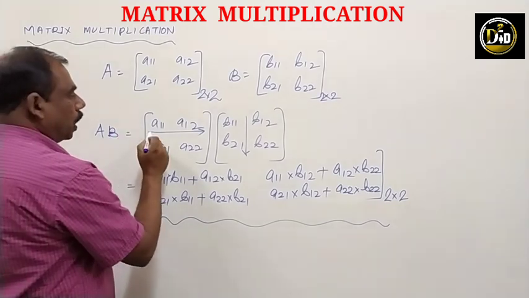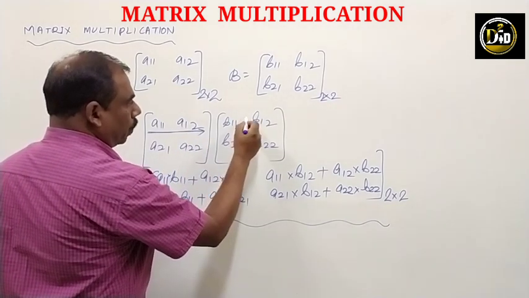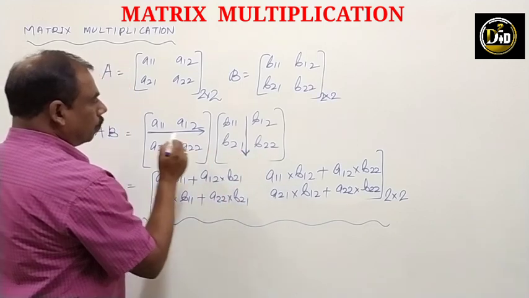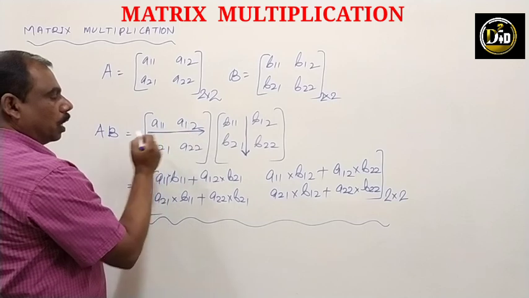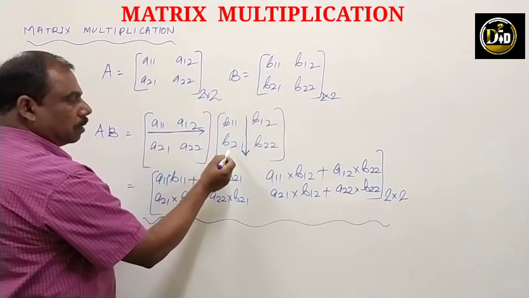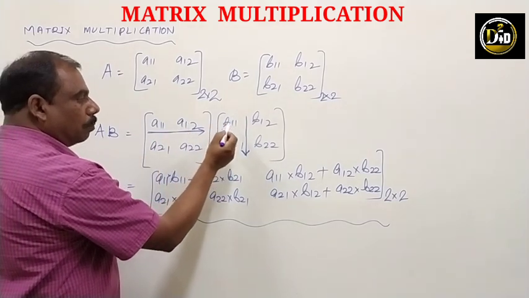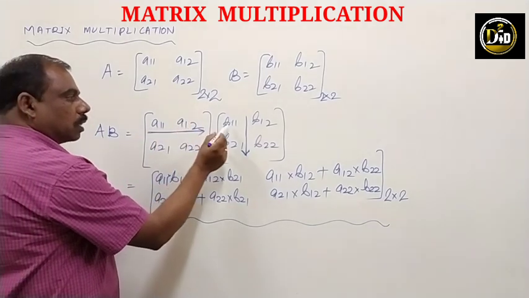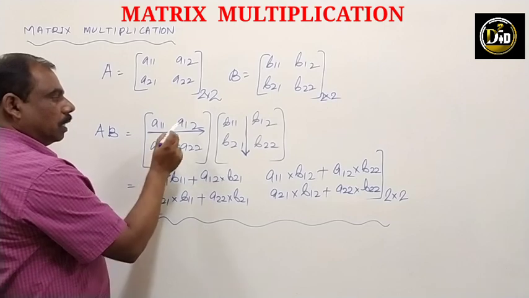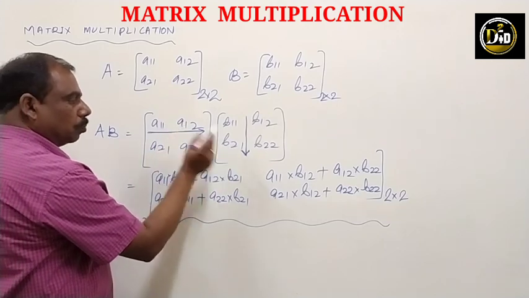But when you look at this product, the way in which we carried it out, the number of elements in this row, that is 2 elements, is equal to the number of elements in the column: A11 corresponds to B11, A12 corresponds to B21.